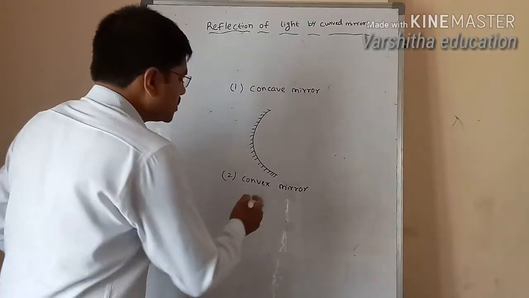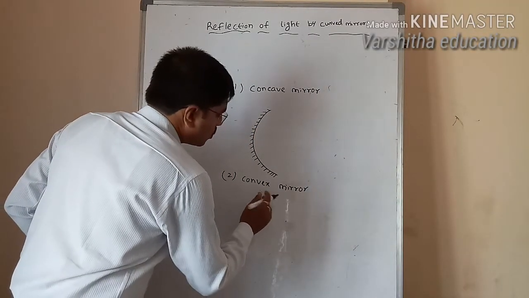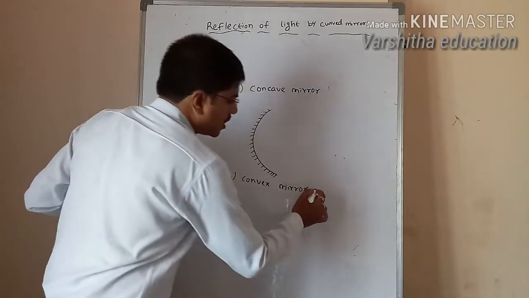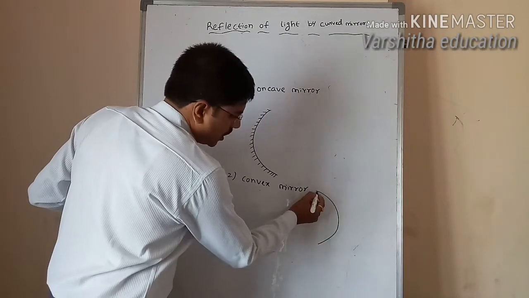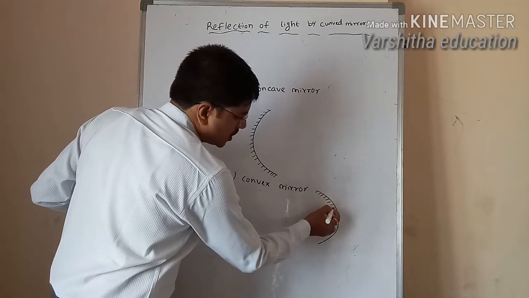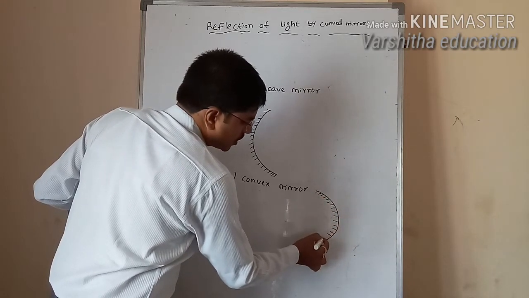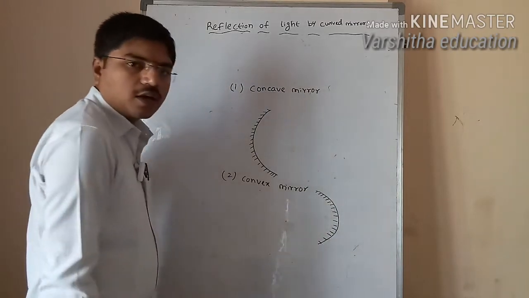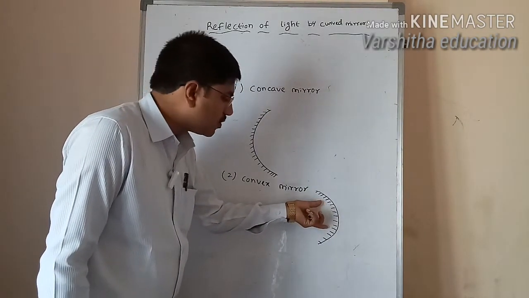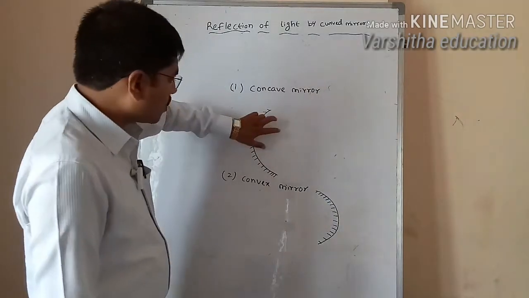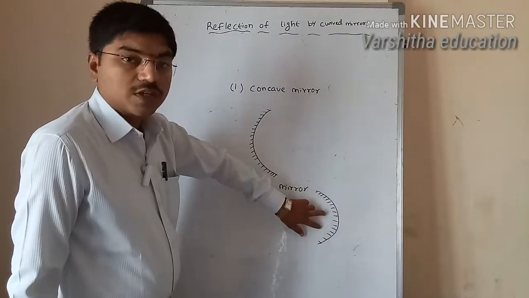Let me draw it like this. Here the inside part is marked with dots, meaning that it is not the used area. So this is a convex surface and a convex mirror. This is a concave mirror and this is a convex mirror.